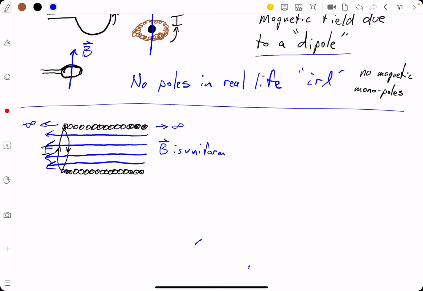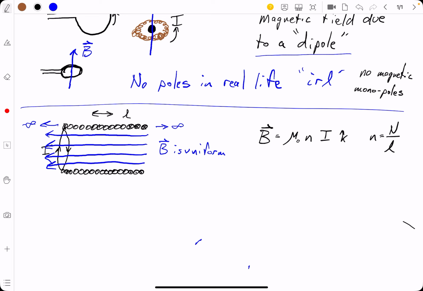So our B field is uniform. What is the B field? So it's mu naught n I k hat. And n is just your number of turns per unit length. Okay, so we'll put some length up here.